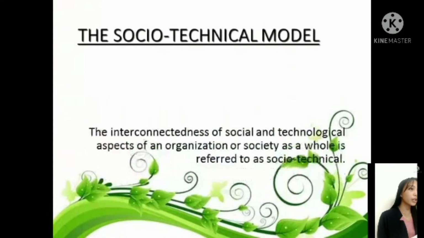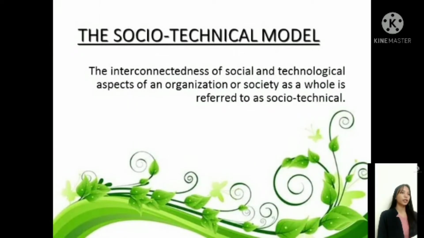The socio-technical model. The interconnectedness of social and technological aspects of an organization or society as a whole is referred to as socio-technical.